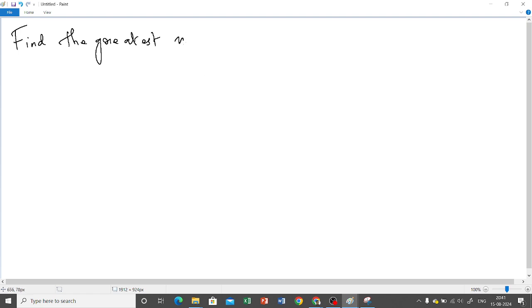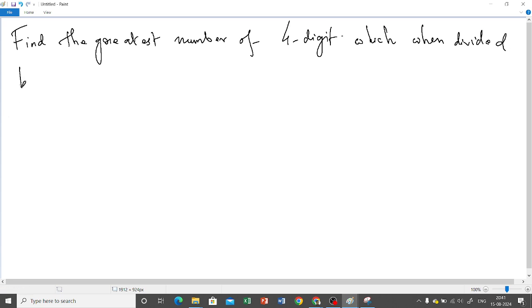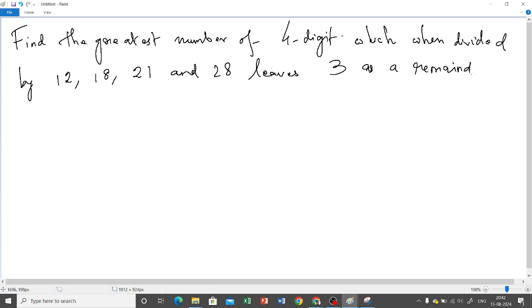Find the greatest number of 4 digit which when divided by 12, 18, 21 and 28 leaves 3 as a remainder in each case.